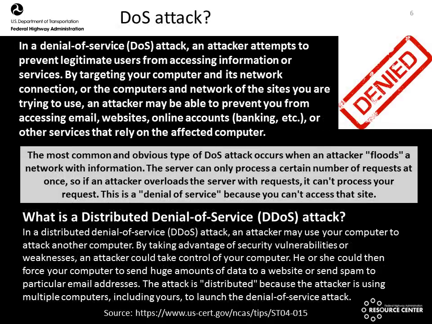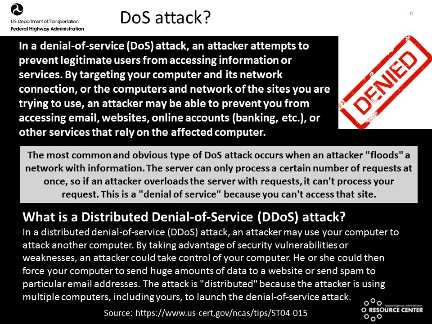In a denial of service attack, an attacker attempts to prevent legitimate users from accessing information or services. By targeting your computer and its network connection, or the computers and network of the sites you are trying to use, an attacker may be able to prevent you from accessing websites, online accounts, or other services that rely on the affected computer.